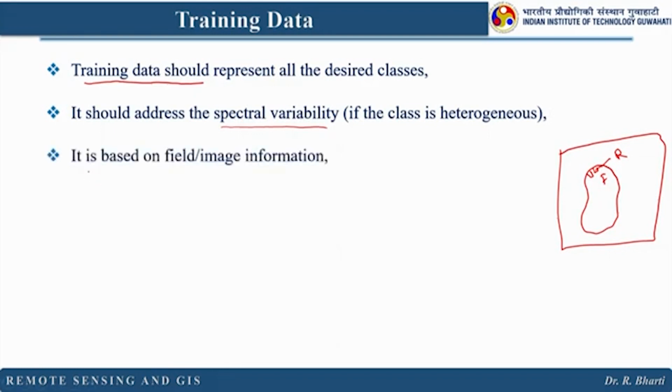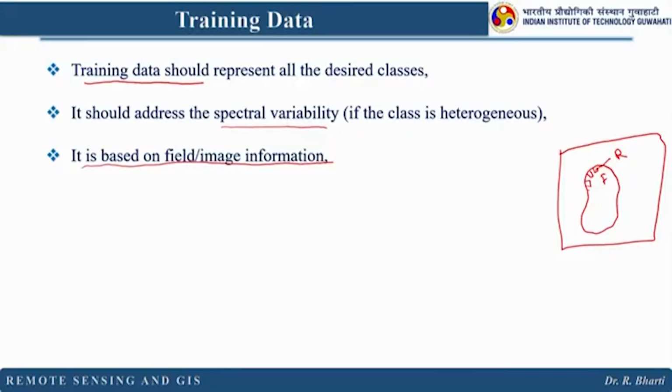And it is based on field or image information, because whenever we collect ground control points using GPS, they will be plotted on your image, and then you will find these pixels are actually from this particular class, and that pixel value will be used to develop a relationship between this class and this DN value, right?